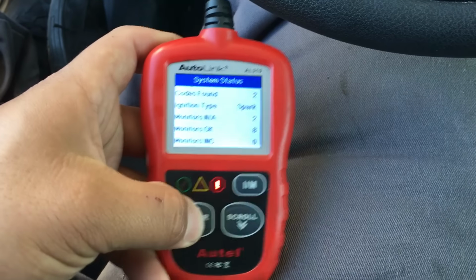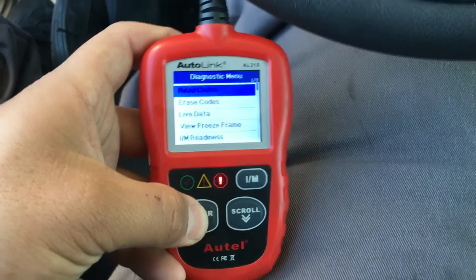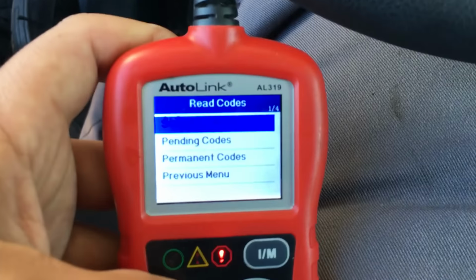Two codes found. Read codes. And the first code we have is this P0481 fan 2 control circuit. And the second code is an intake air temperature sensor circuit high.